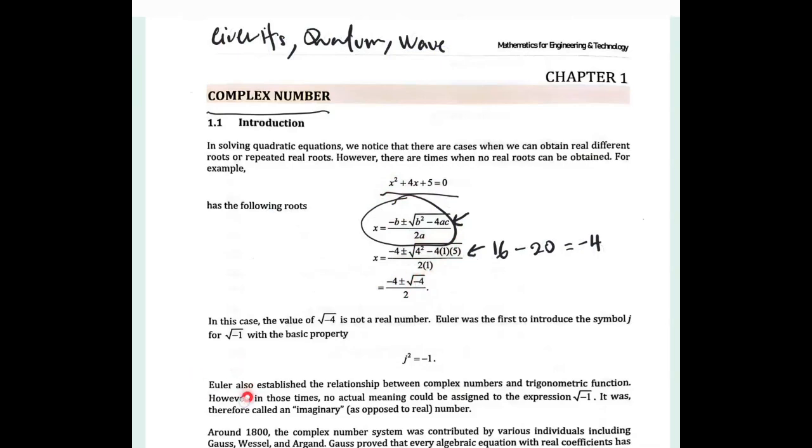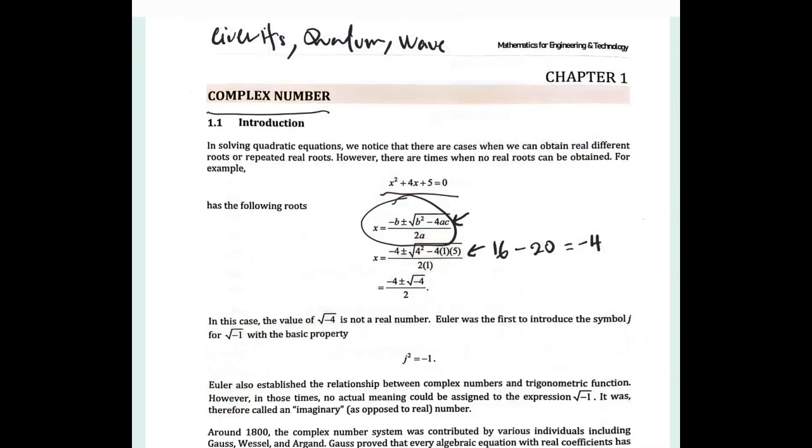So Euler discussed this and introduced a new symbol, j, or in some books they use i, to represent the square root of negative 1, to solve the problem of negative square roots. And this is where complex numbers start.